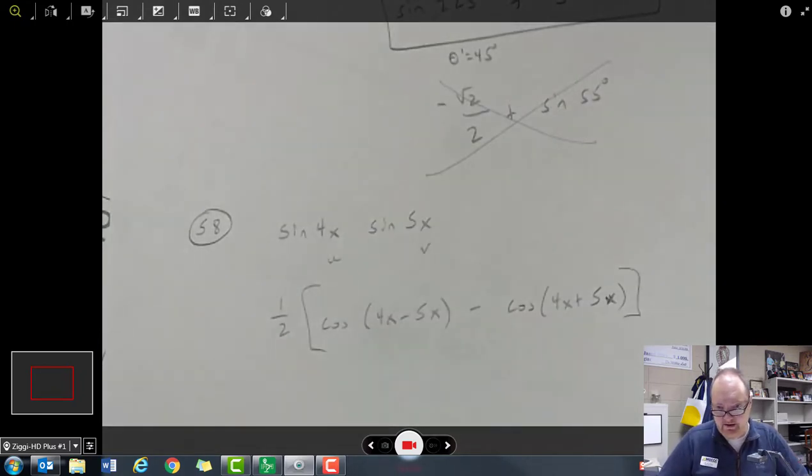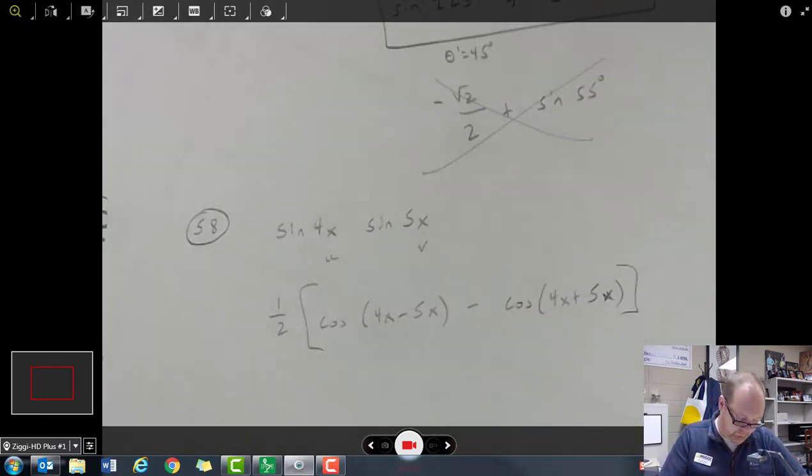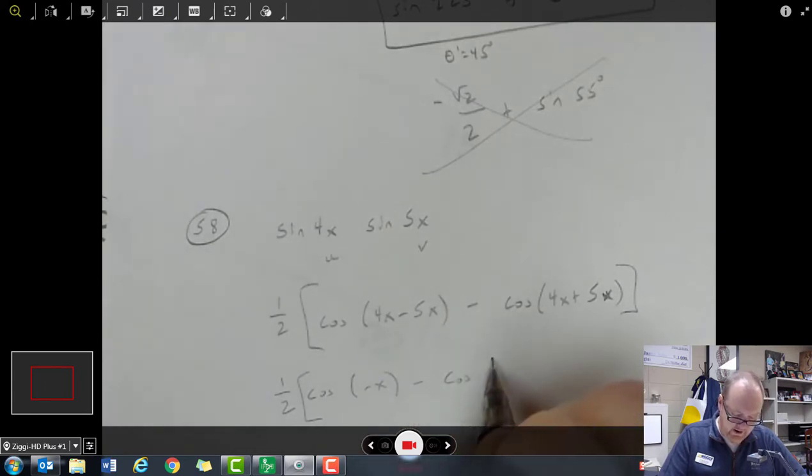And again, that's directly on my formula sheet. So let me deal with the stuff inside parentheses. 4x minus 5x is negative x, and 4x plus 5x is 9x.